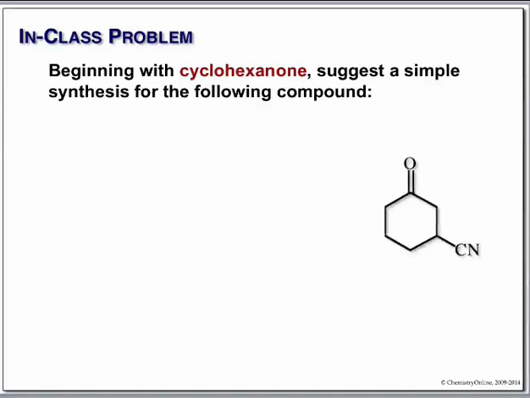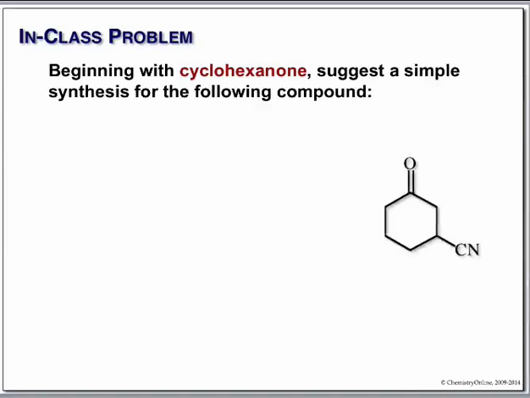All right, one more. We're going to take cyclohexanone. We're going to stick a nitrile down here in the beta position. Now, there's only one way in the world we know to introduce a nitrile like that, and that's through a Michael-style addition, isn't it?